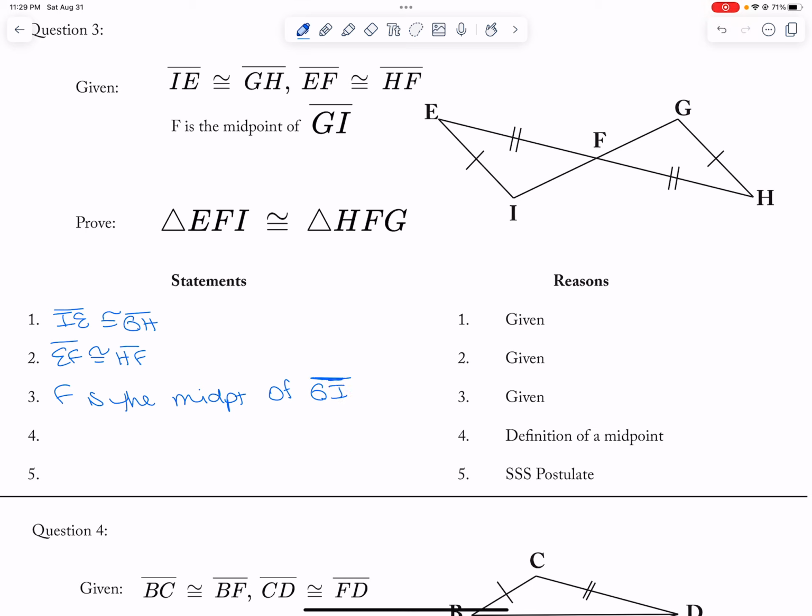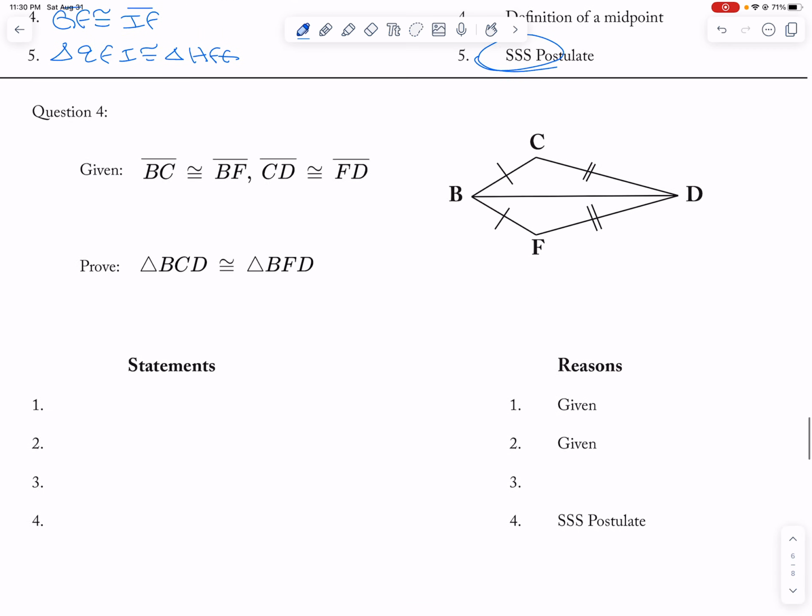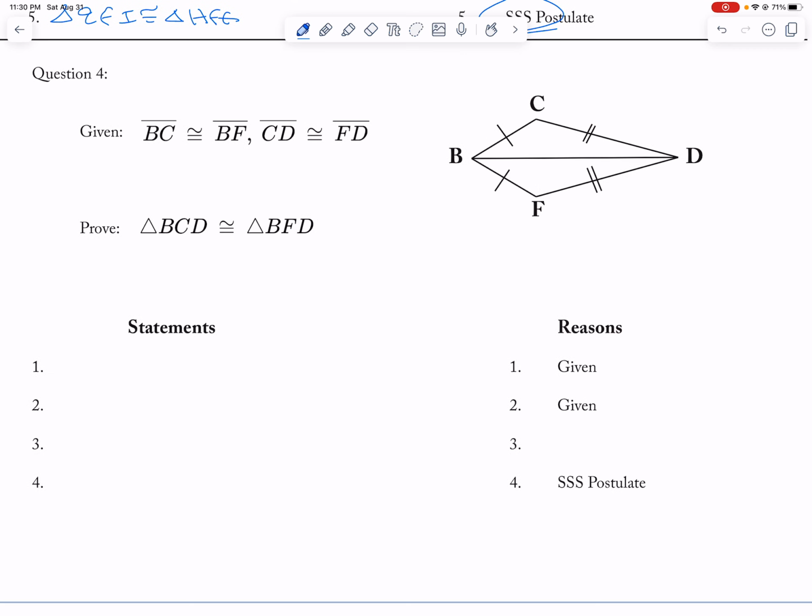So the definition of a midpoint would be that GF is congruent to IF, and then triangle EFI is congruent to triangle HFG by side, side, side. Okay, and then let's move right along to the next one.